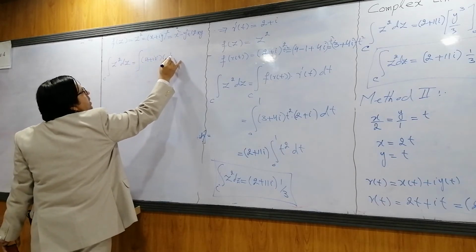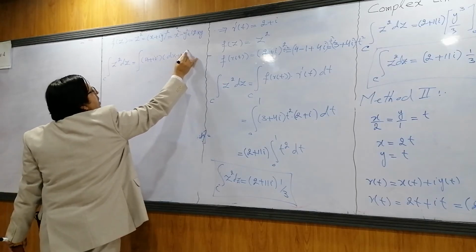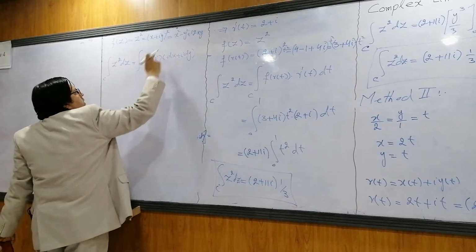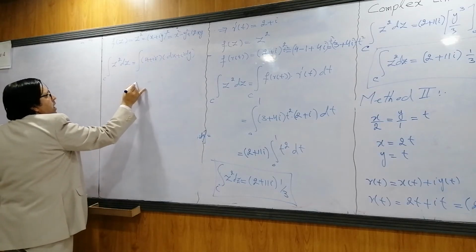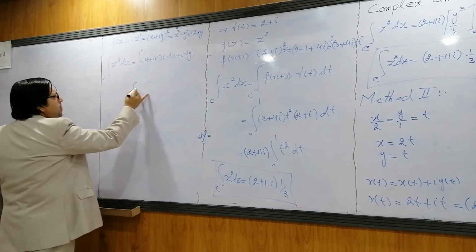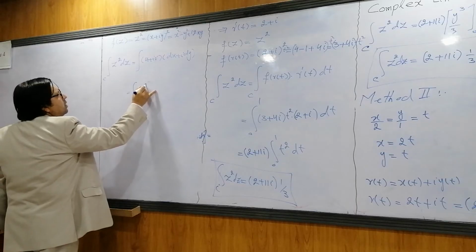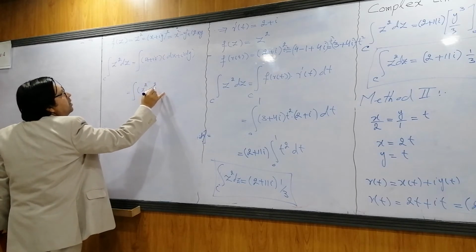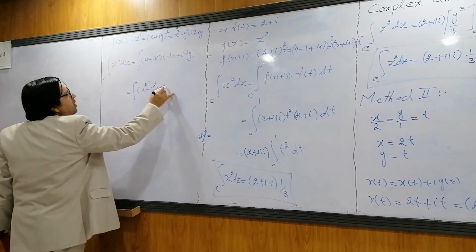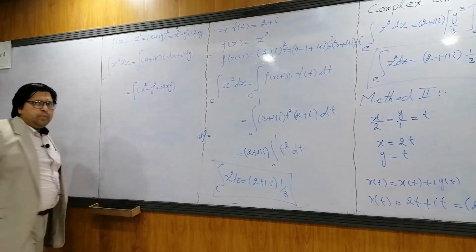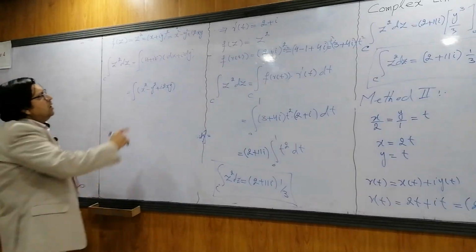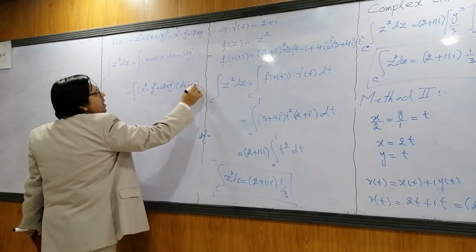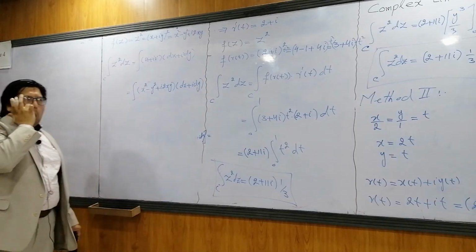So now I put this here, and I will get (x² − y² + i 2xy)(dx + i dy).